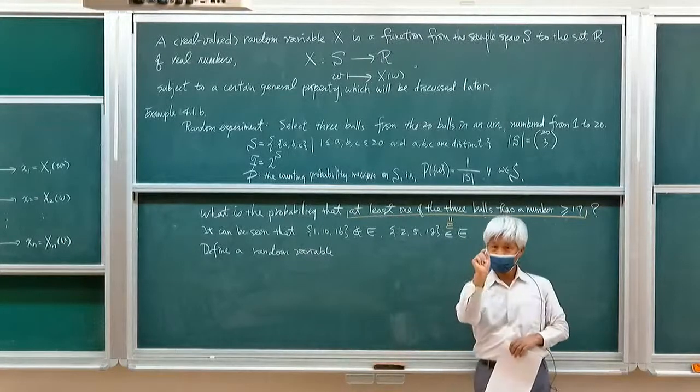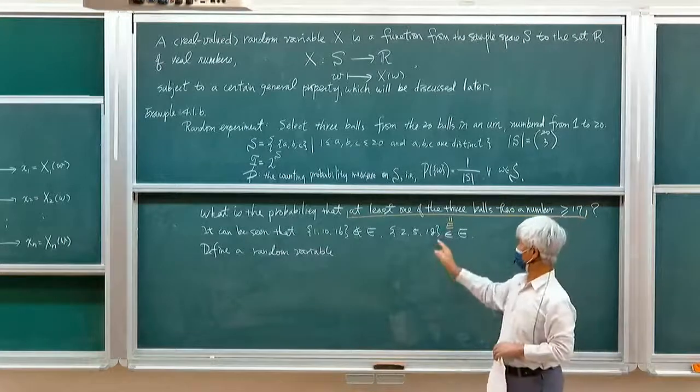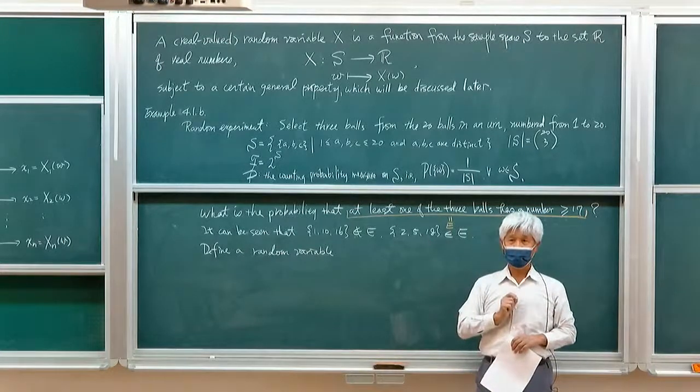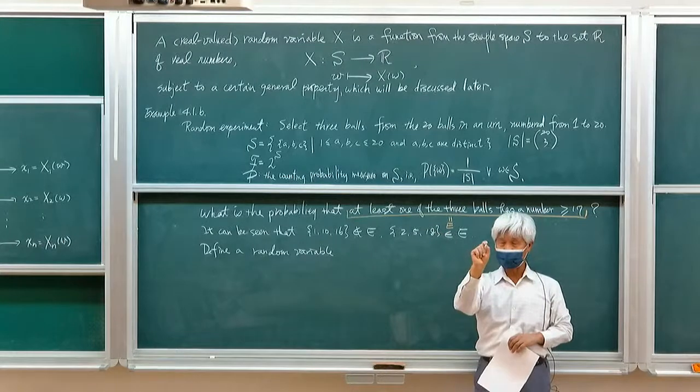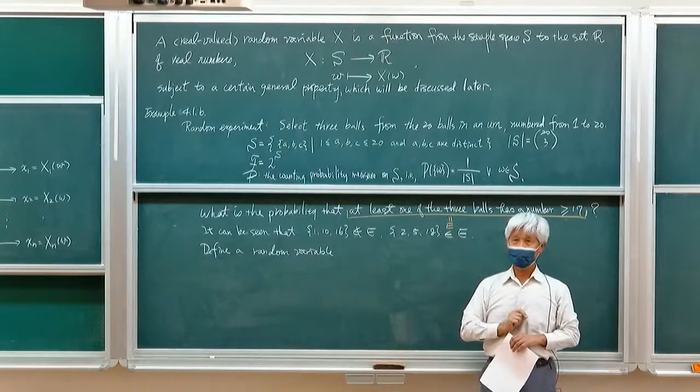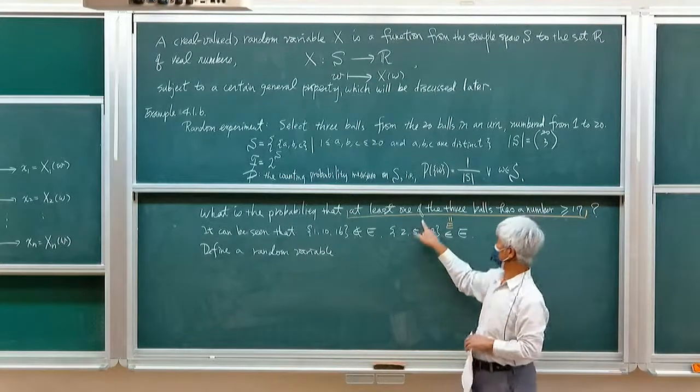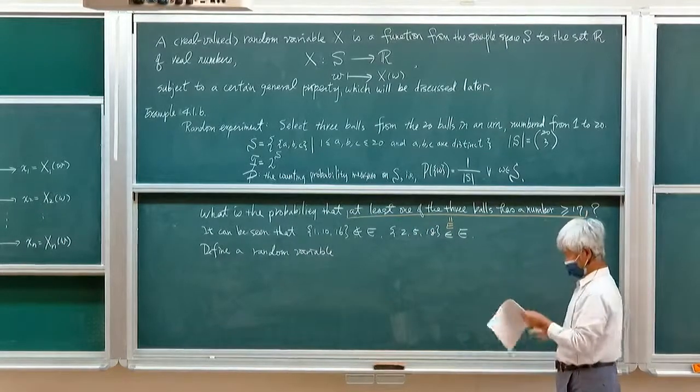So we find a special characteristic of an outcome, which is the maximum number the 3 balls have.